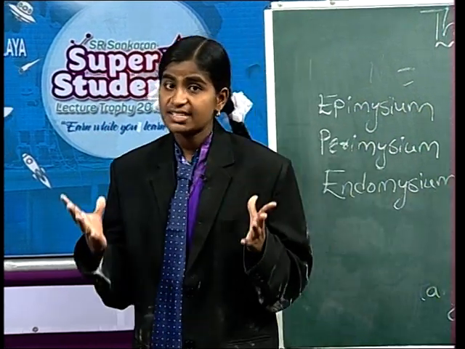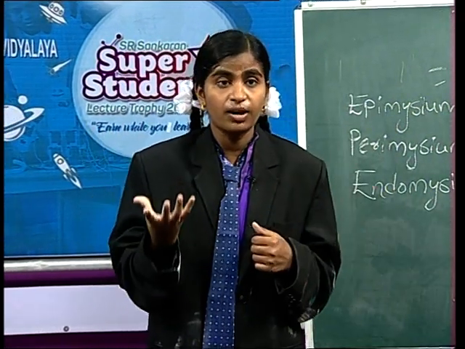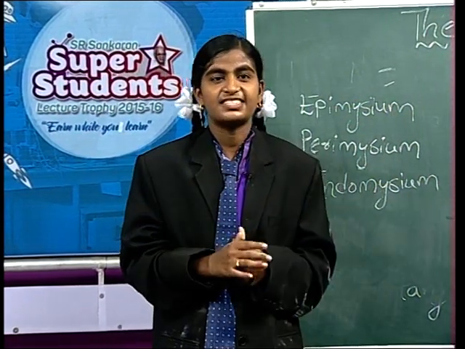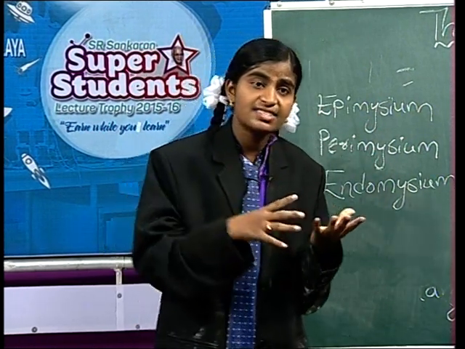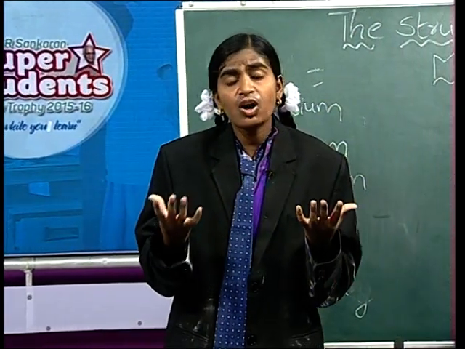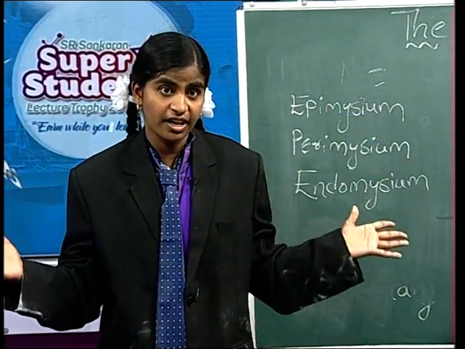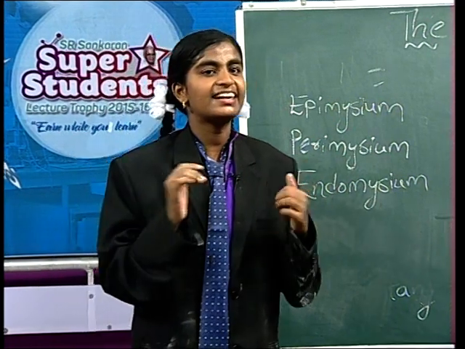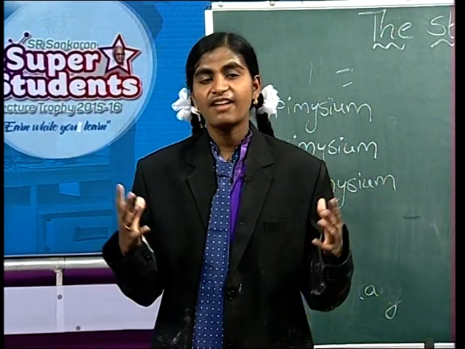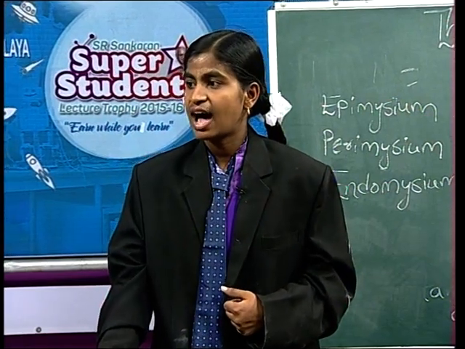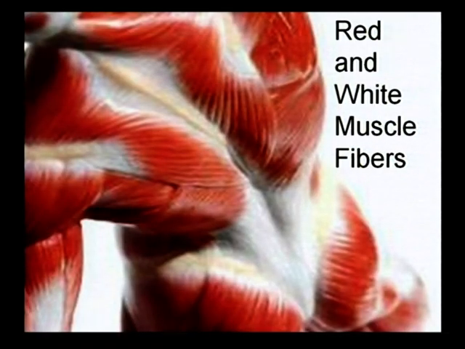So, the muscles which are rich in myoglobin and mitochondria are called red muscle fibers. Friends, the muscles which are less in mitochondria and less in myoglobin, but more in sarcoplasmic reticulum, are called white muscle fibers. You can observe here these are the red and white muscle fibers.